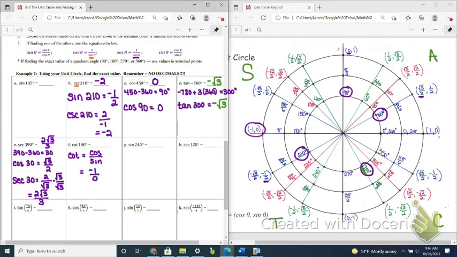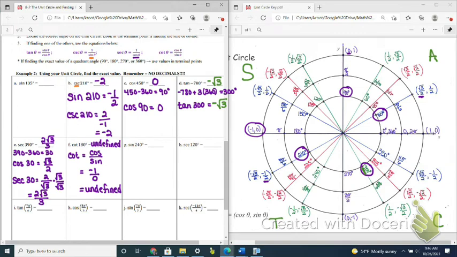Can I divide by 0? No, I cannot. So when it's divided by 0, it is undefined. So the cotangent of 180 degrees is undefined. Okay, it is not nothing. It is not 0. It is undefined. That is the only option for the answer.